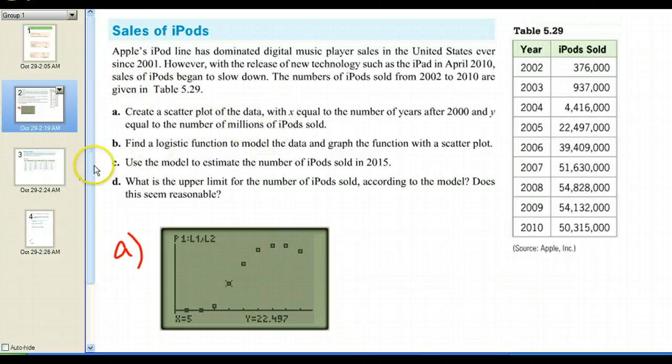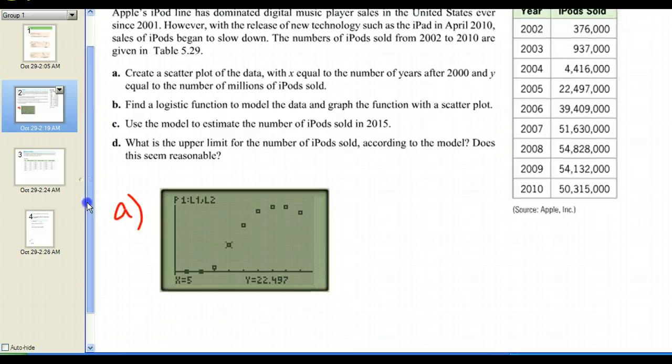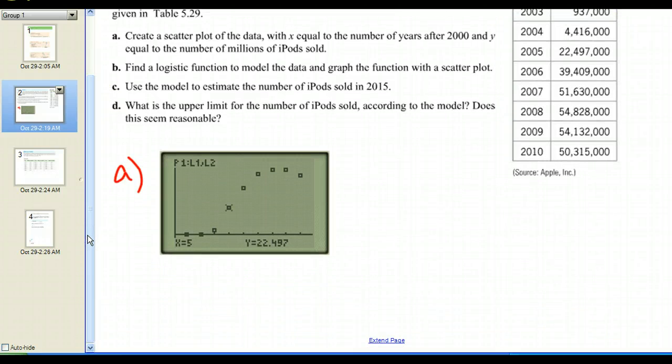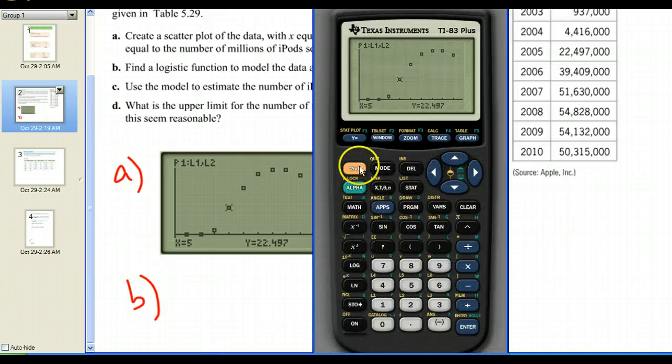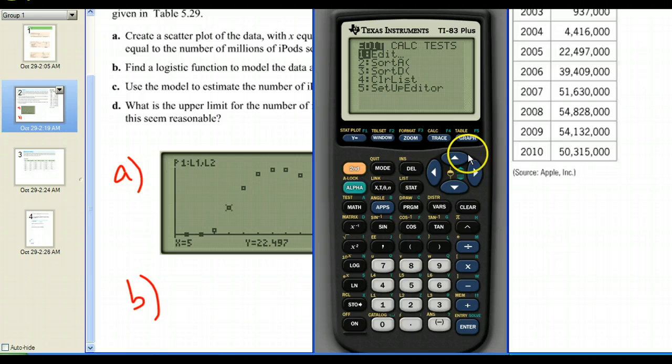Part B, find a logistic function model to model the data and graph the function with the scatter plot. So for part B, we're going to run that logistic regression I was telling you about. So second mode, to go back to your home screen, press stat, come over to calc. You're looking for logistic regression.